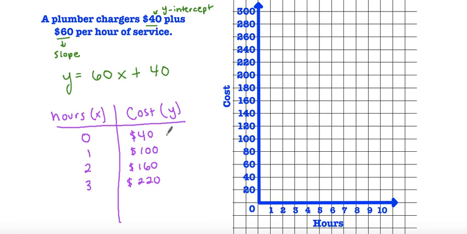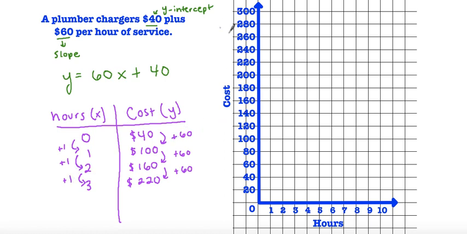So if we look at our table here real quick, we'll notice that there is a continuous increase of $60 every time the hours increase. Because that's our rate, okay?